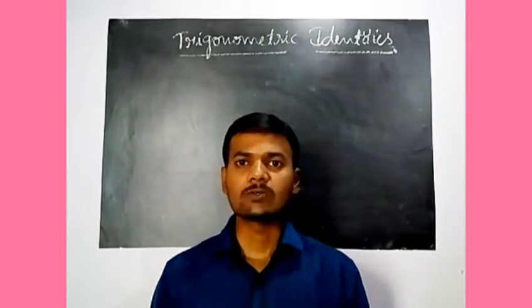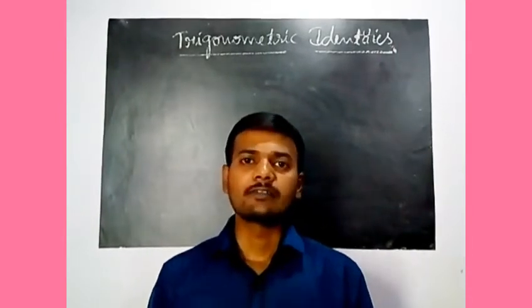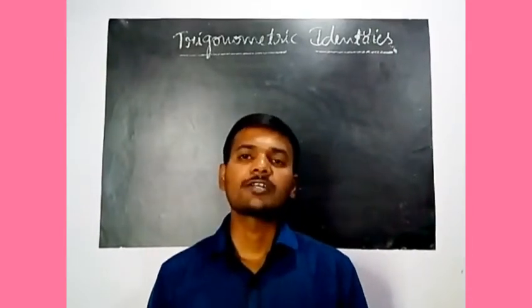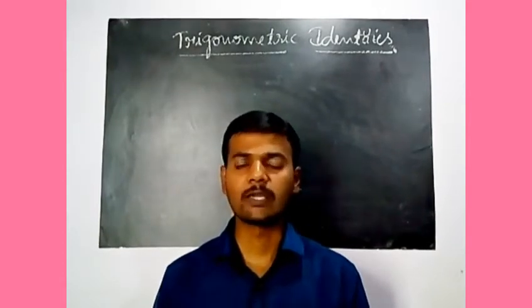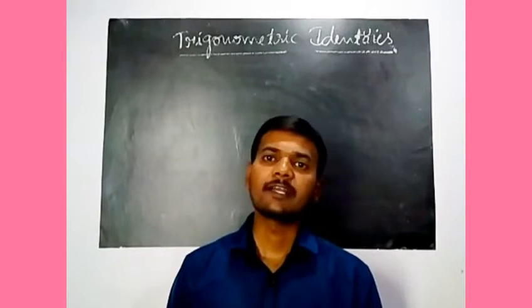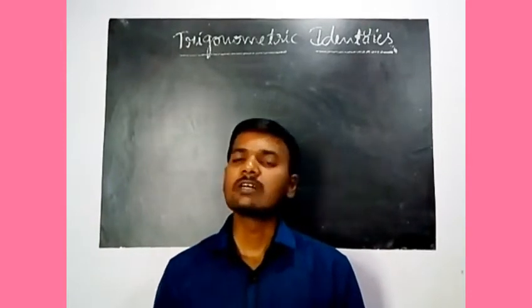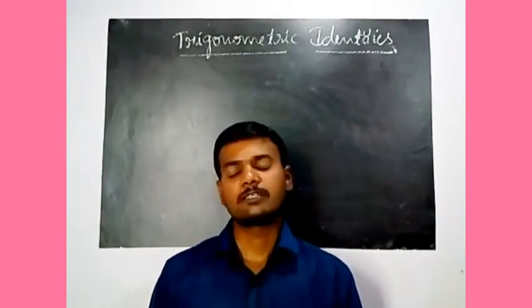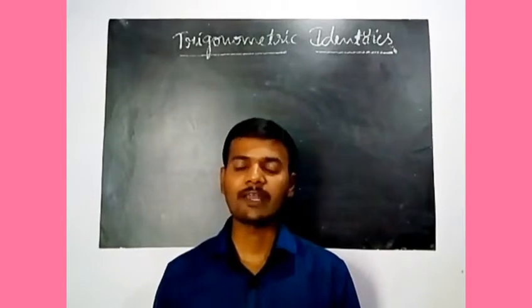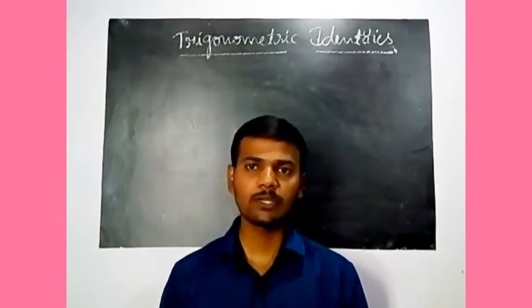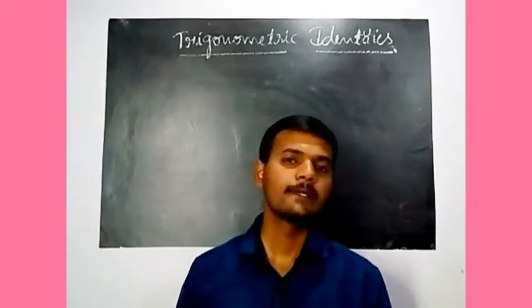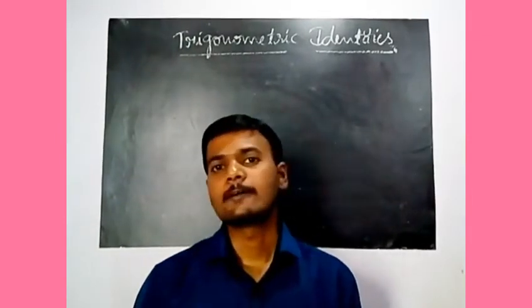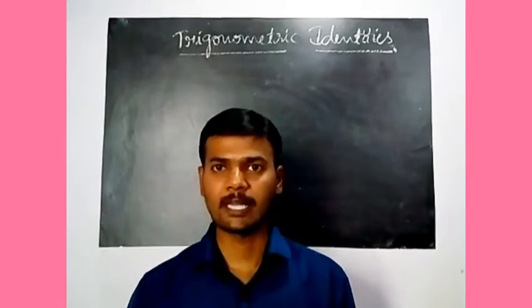These trigonometric identities are true for all the values of the given acute angle. So trigonometric identities are equations involving trigonometric ratios of an acute angle theta.